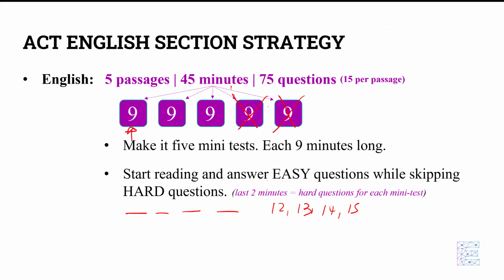We are not going to be those people, okay? I'm completely fine with you answering the last 2 or 3 questions by guessing. If you really have no idea on those harder questions, I'm okay with you skipping those. I would rather us make our best guess on those few questions than miss the opportunity to look at the low-hanging fruit and answer all the low-hanging fruit from the last few passages, okay?